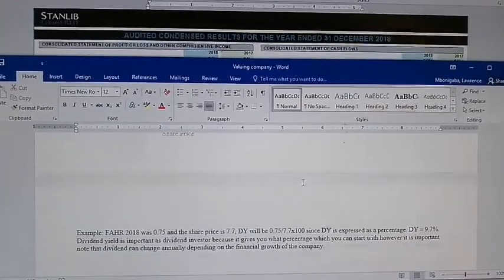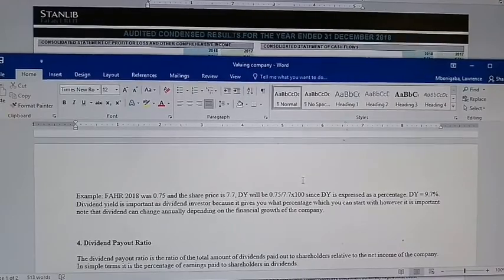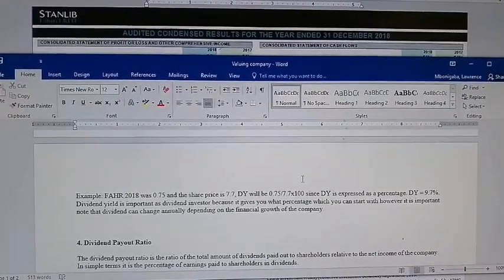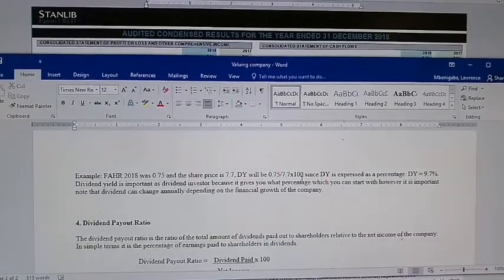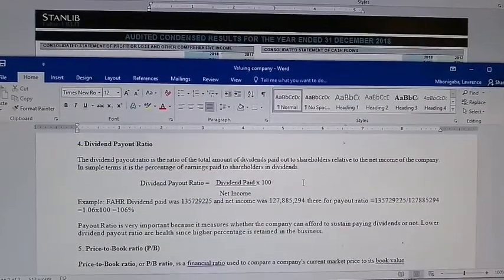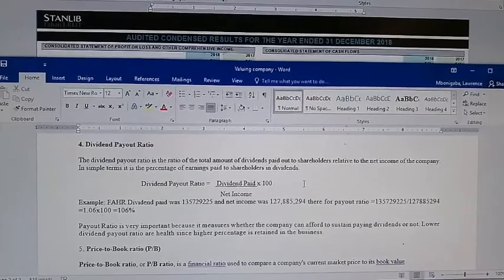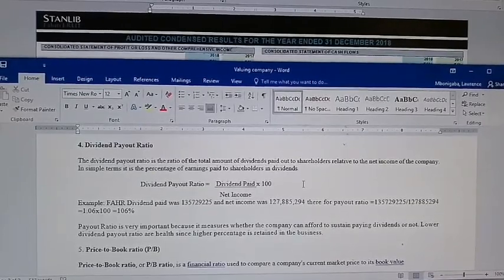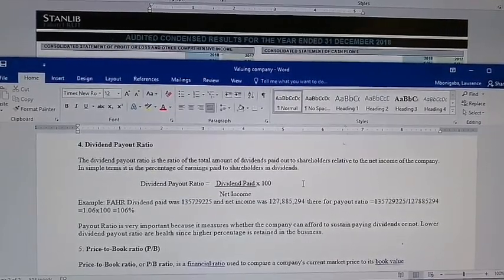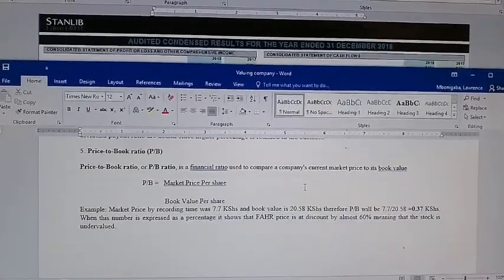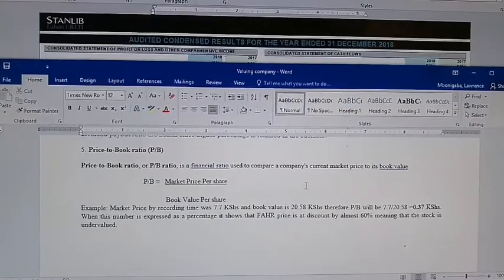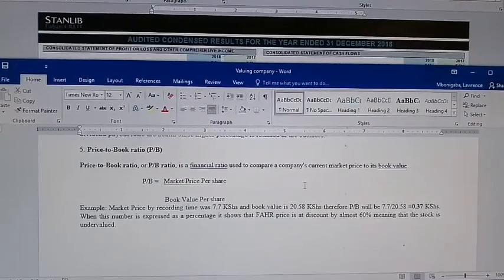By the time I was recording, the share price of Fahari I-REIT was 7.7, and as we calculated before, the earnings per share is 0.71. So you just divide the price, 7.7, by 0.71, which is the earnings per share of the company.